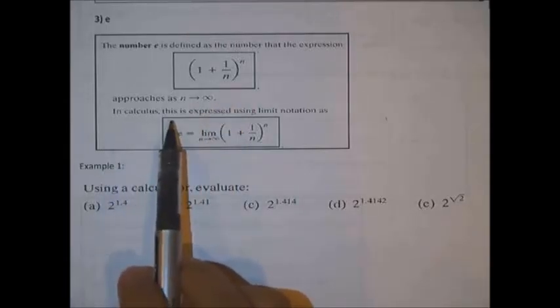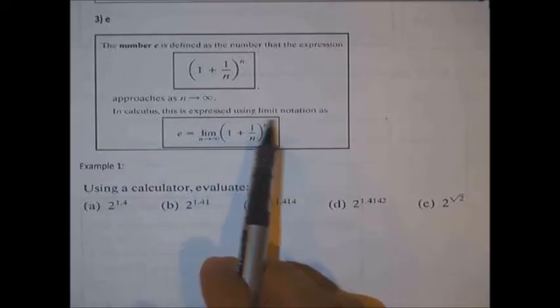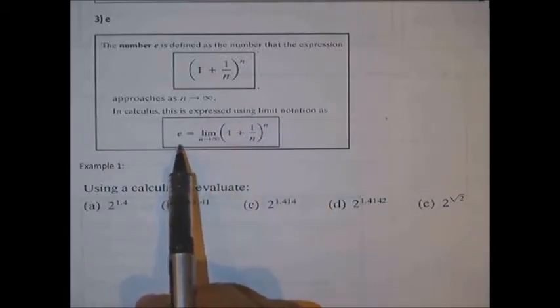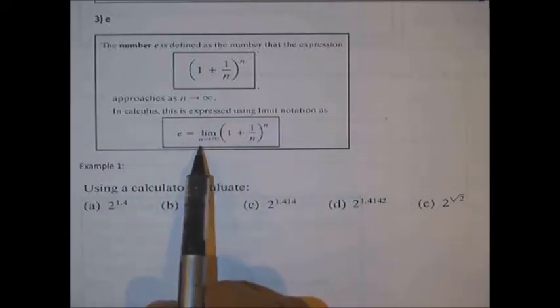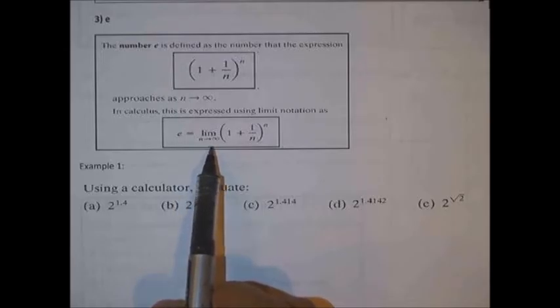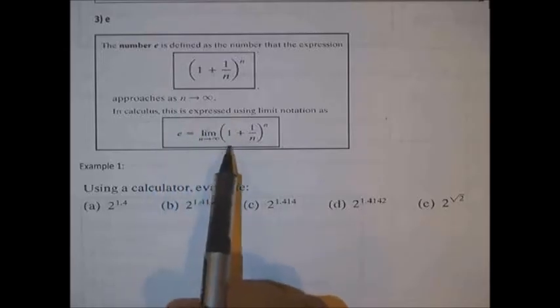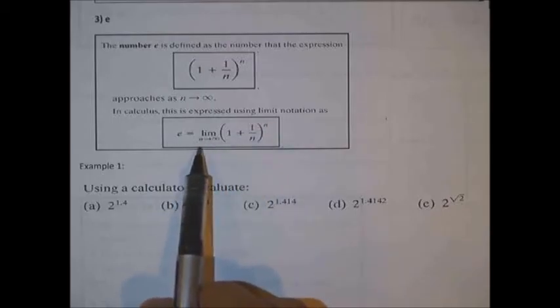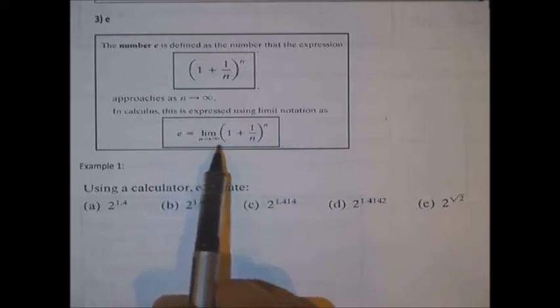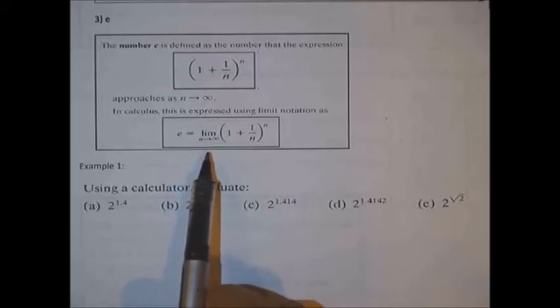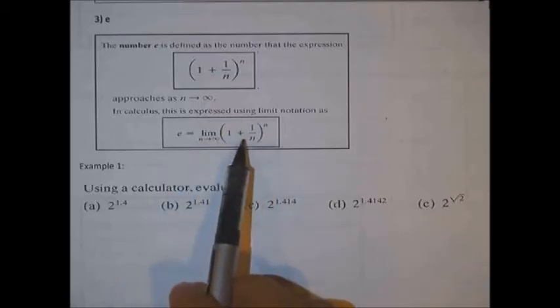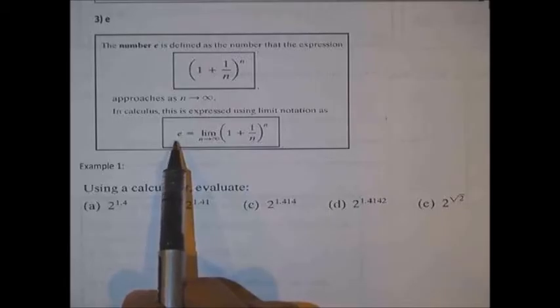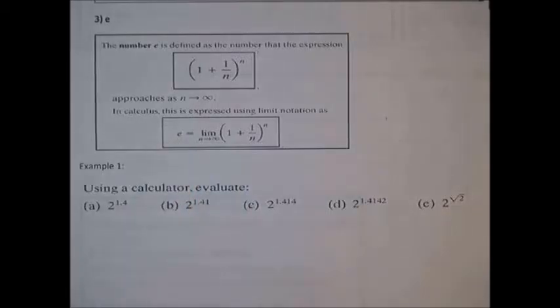In calculus, this is expressed using limit notation as e equals the limit as n approaches infinity of 1 plus 1 over n to the nth power. As n approaches a really large number, this expression becomes closer and closer and closer to e.